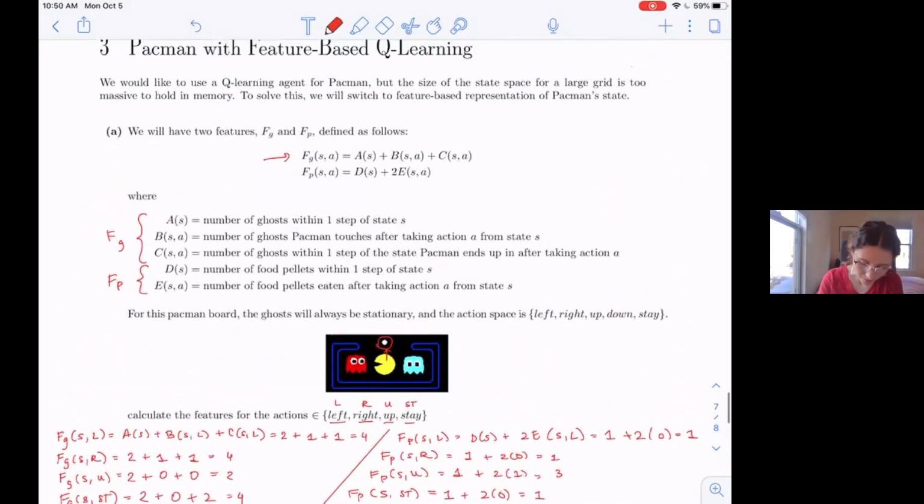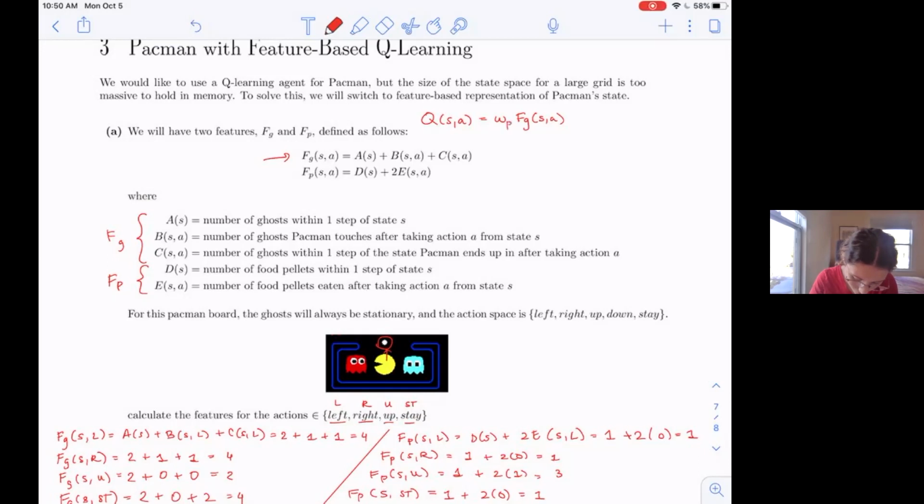The key thing here is that now our Q function is no longer going to be a table that we're keeping in memory. It's now going to be represented as this linear combination of features. In this case, we have 2 features. We have FG of S, A, and this linear combination is going to be parametrized by these weights.